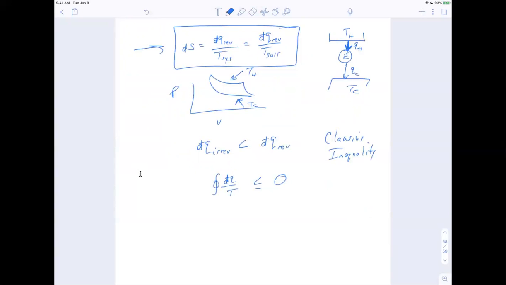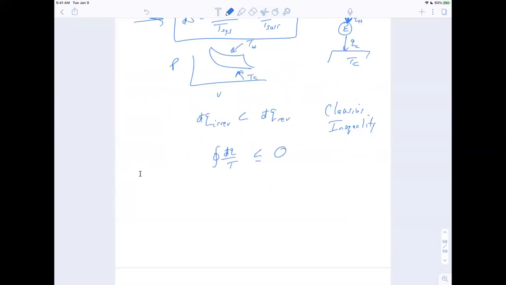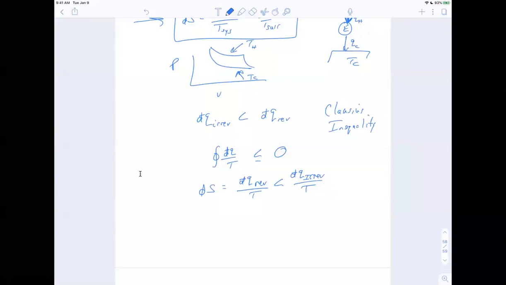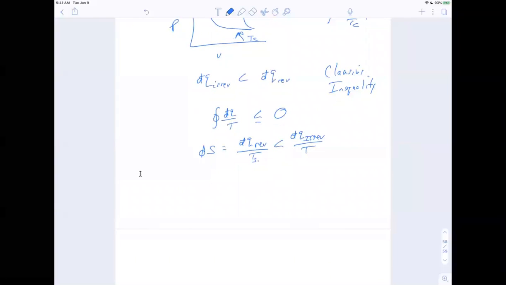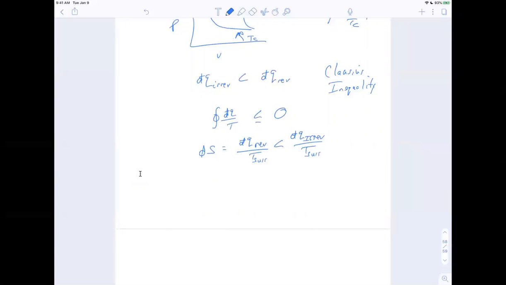So what we can say here is that if we have something that is dS, which is equal to dq reversible over T, that's going to be less than dq irreversible over T. And here we can let this be T surroundings, which is the same as T system. Okay. Does everyone follow this expression?